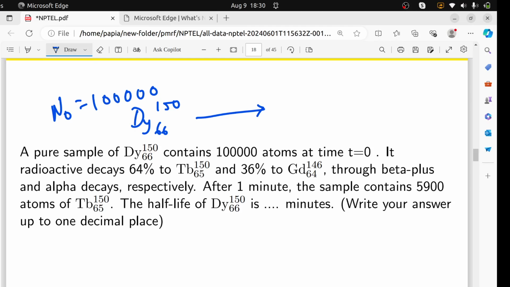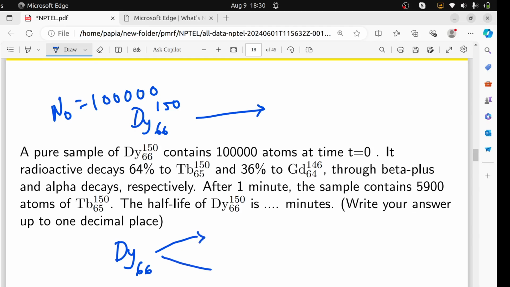It radioactively decays 64% to Tb 65150 and 36% to Gd 64146 through beta plus and alpha decays respectively. So what does this mean? This is a little bit big sentence. This means that our Dy 66, that was the parent nucleus, is going to decay in two ways.